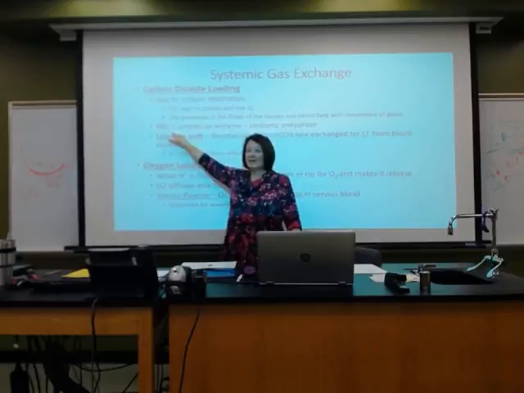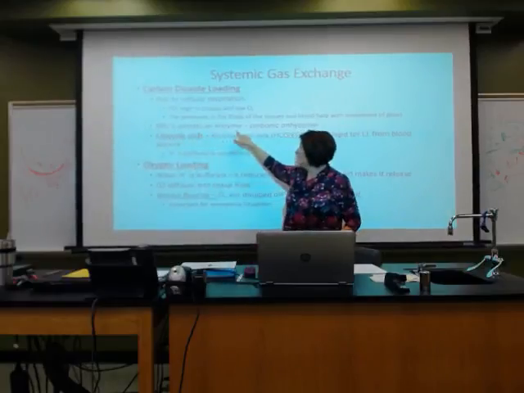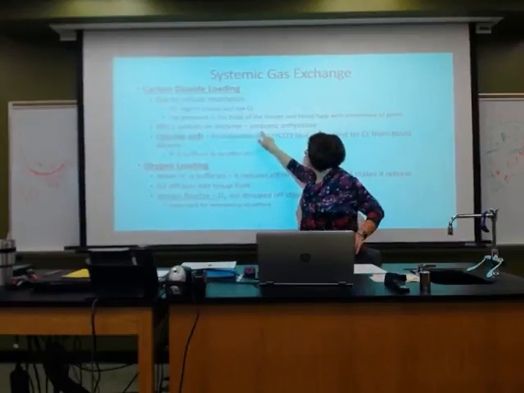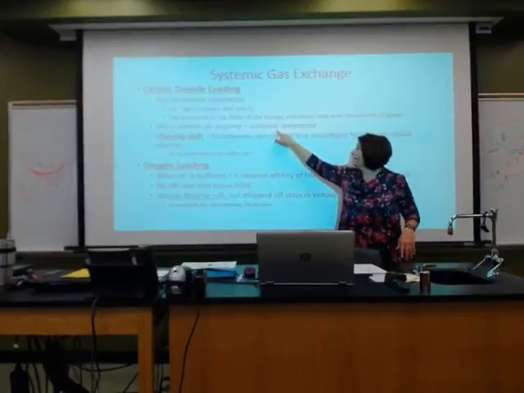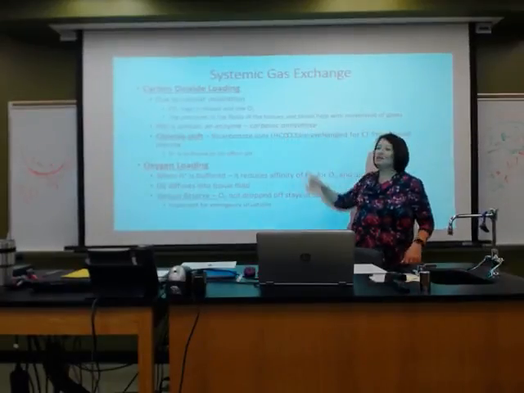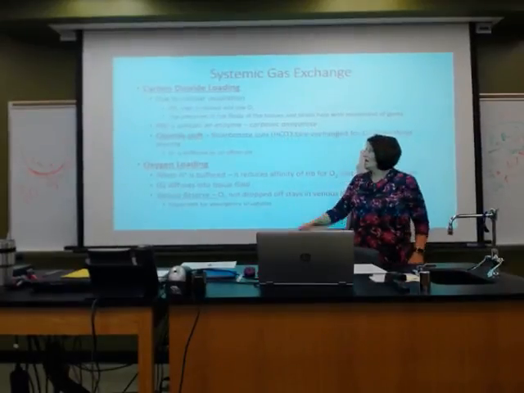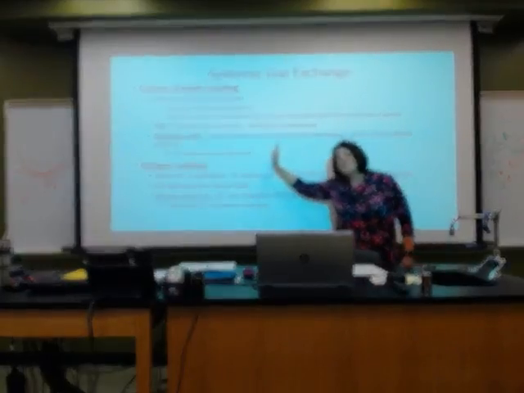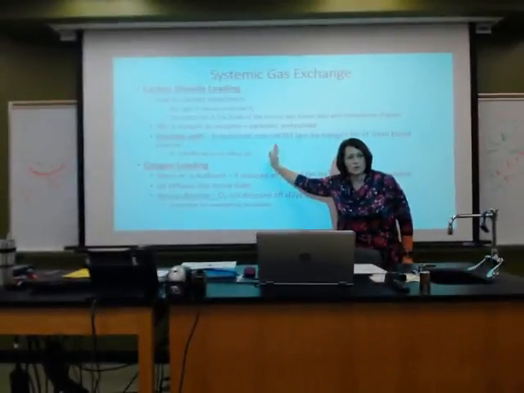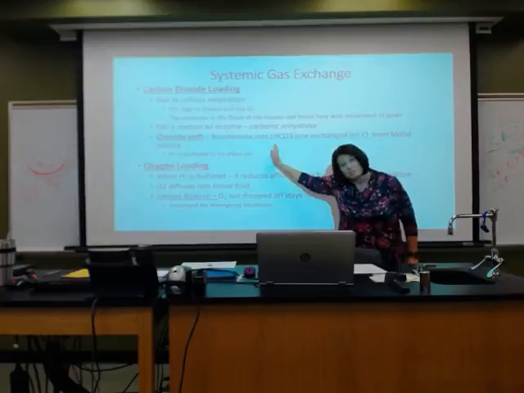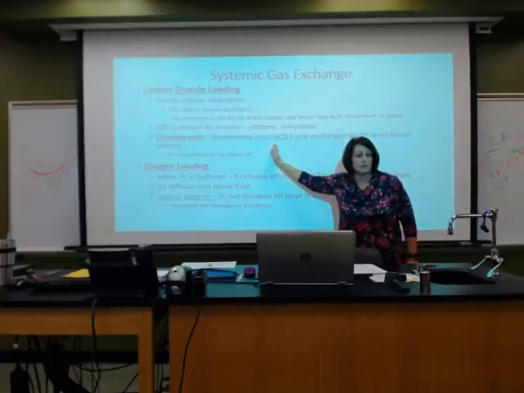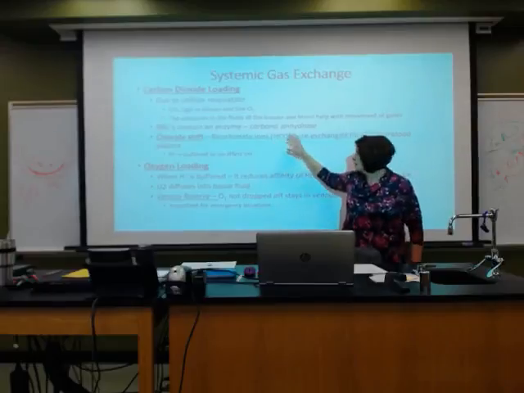The red blood cell contains an enzyme called carbonic anhydrase. Remember how I said we were going to have a buffering system for this CO2, making it into the fluid?